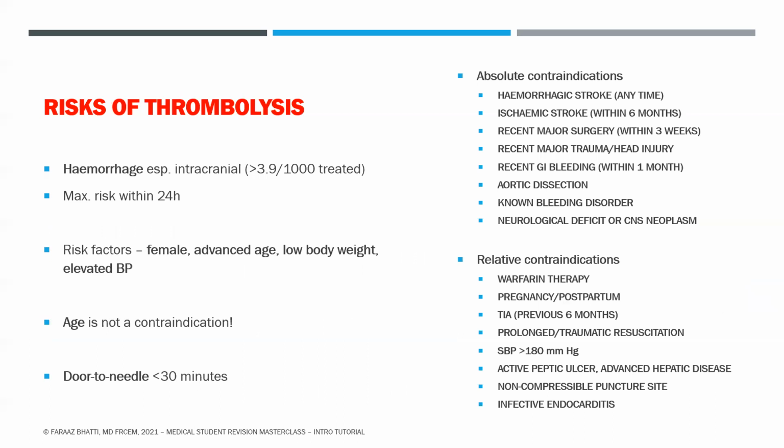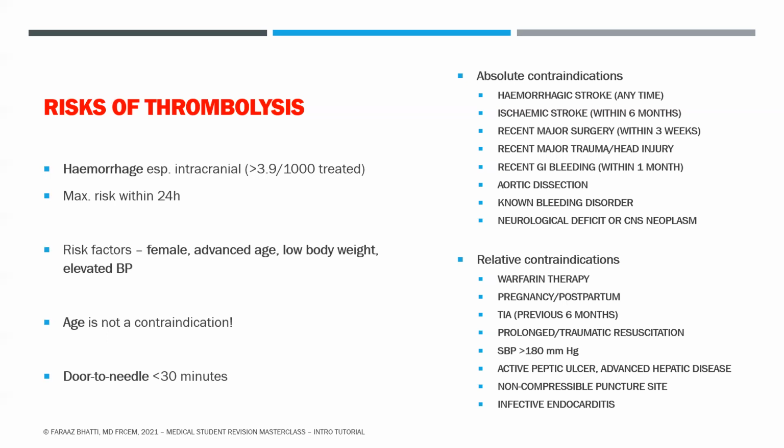There are some risks to thrombolysis. Hemorrhage, for example. The risk of hemorrhage is more than 3.9 per 1,000 patients treated. And the maximum risk is within 24 hours of treatment. Other risk factors include females, older patients, patients with lower body weight, and those with hypertension.